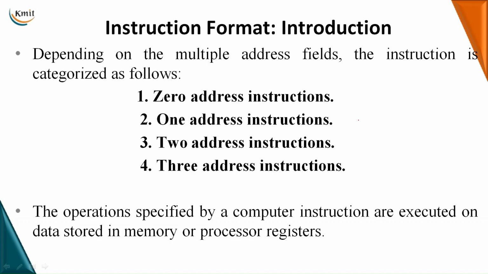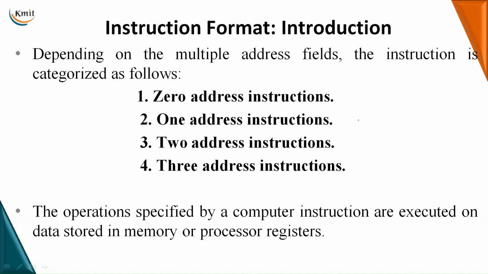So next, coming to the instruction formats. Depending upon the type of CPU organization the processor implements, and depending upon the multiple address fields present in the address part of a particular instruction, the instructions are classified into four types: zero address instructions, one address instructions, two address instructions, and three address instructions.